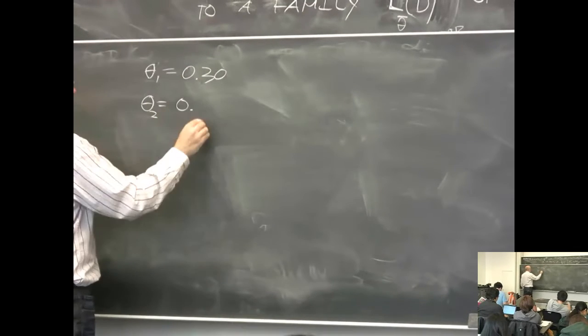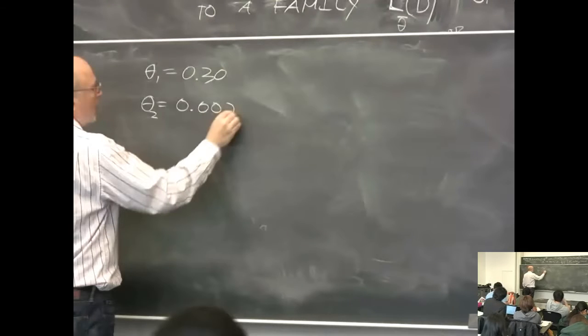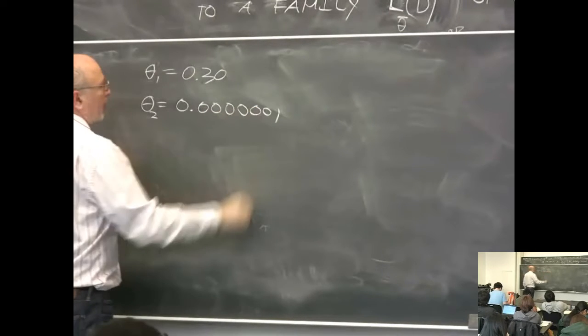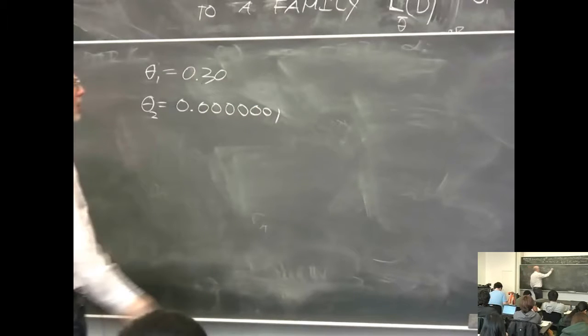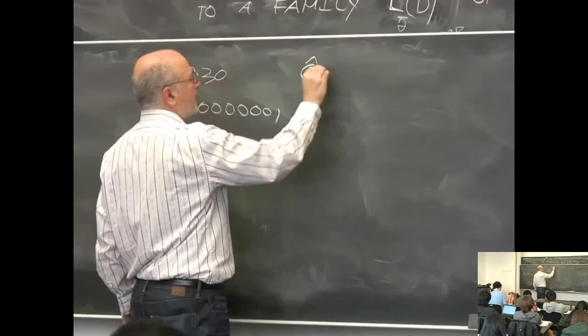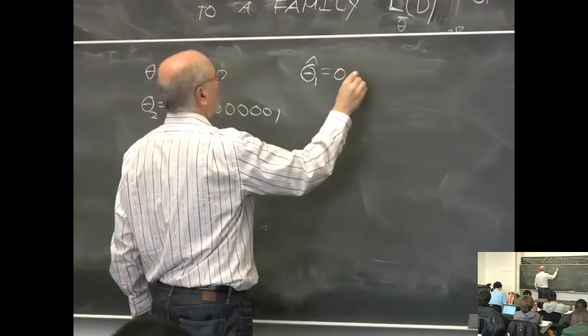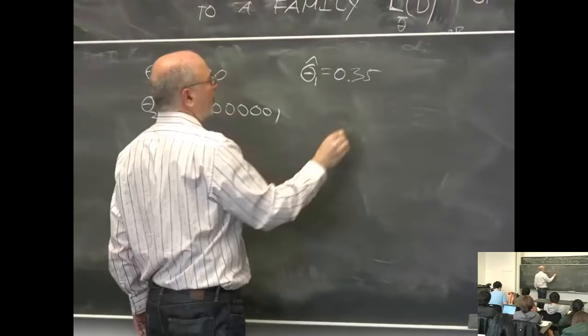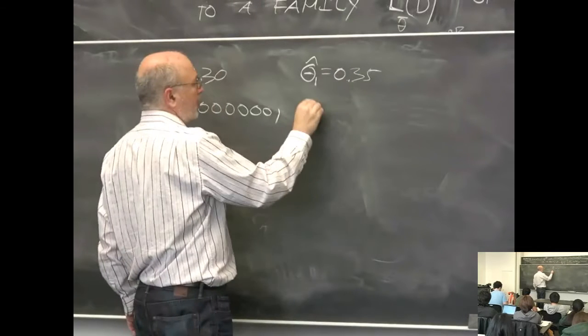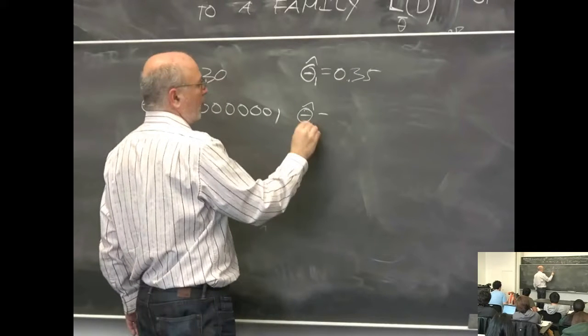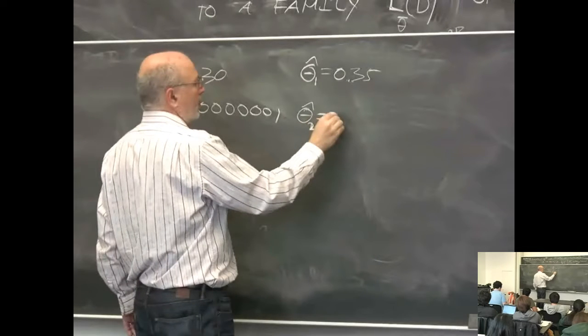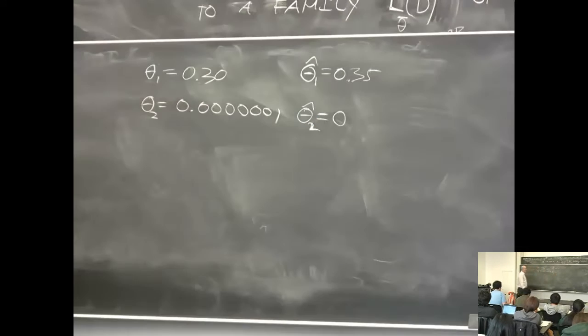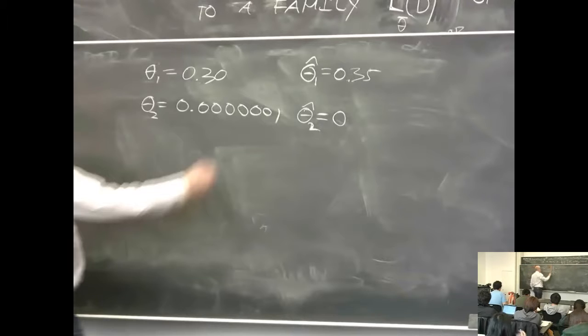And theta 2, the true value, is 0.000001. Well, theta 1 hat estimate is 0.35, and theta 2 estimate is 0. This is from your estimator A.